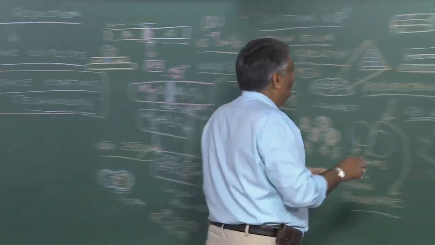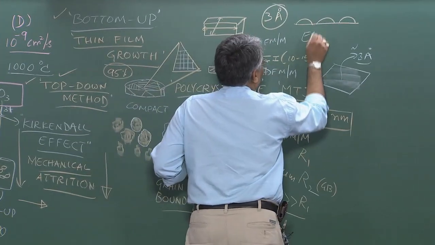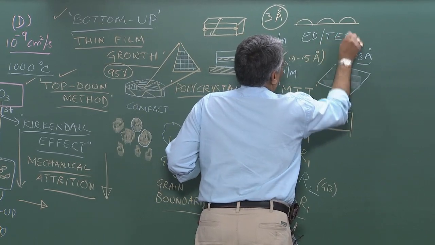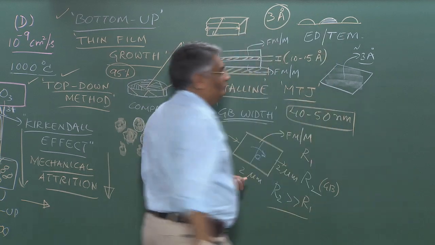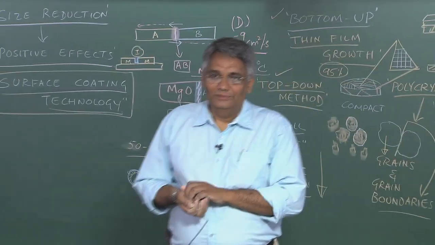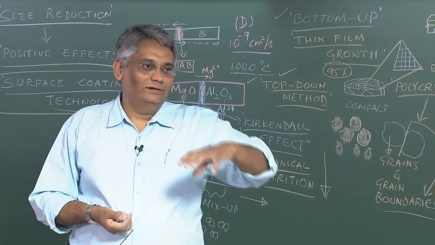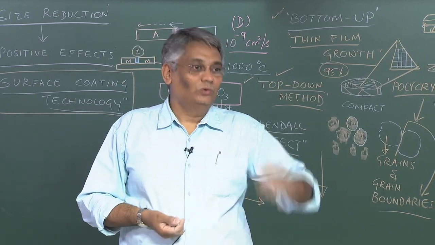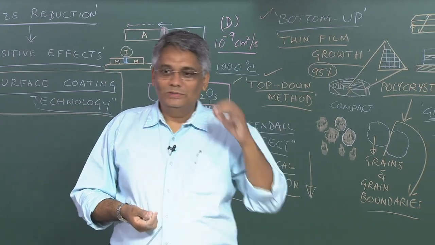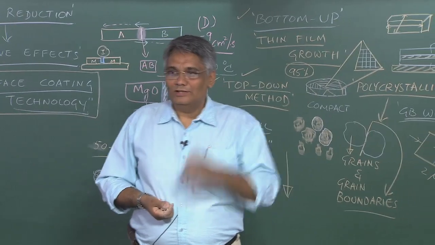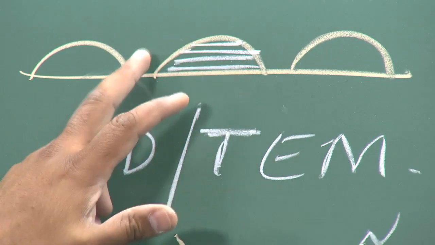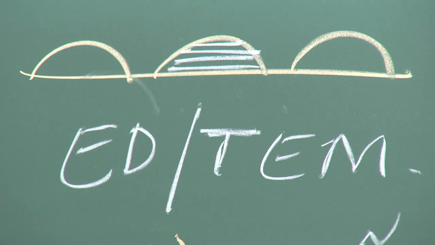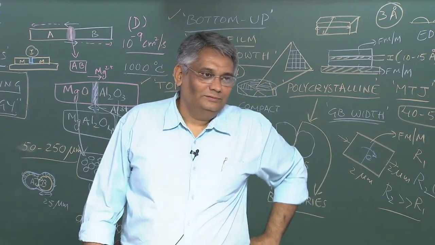So you need to go and do electron diffraction and look at the cross sectional TEM and confirm that these nanocrystals are indeed crystalline. I mean, to call them nanocrystals, you must do electron diffraction and transmission electron microscopy to confirm that these small quantum dots are indeed crystalline.